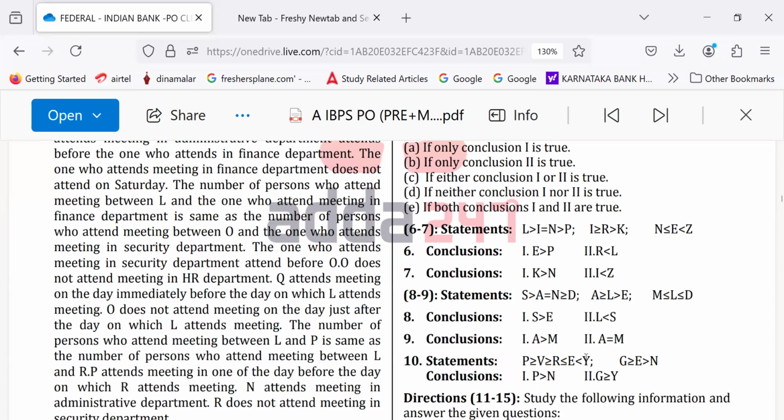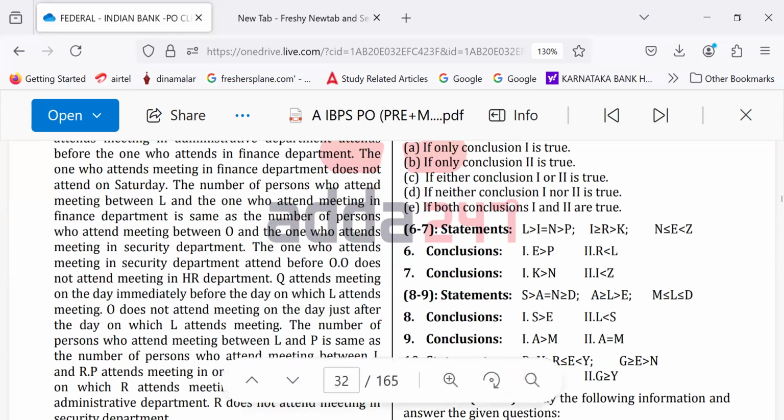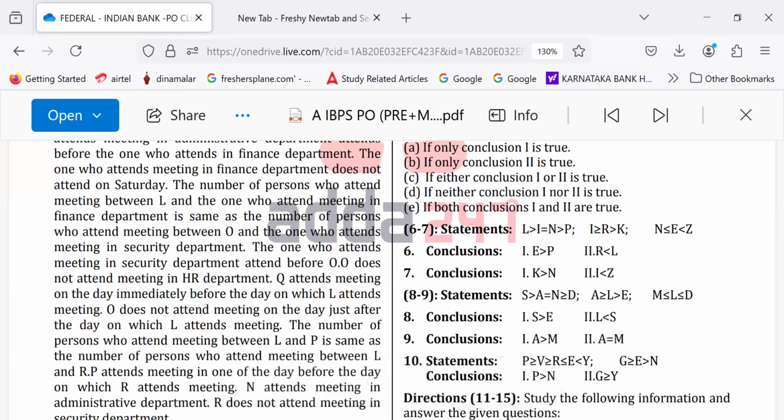What about statement number 2, A is equal to M? That also cannot be said, because only greater than or less than or equal to is given. Equal to is not given perfectly at all. So that is also false. So the answer should be D for Delhi. But I think in the book it is given wrongly as C. It should be D for Delhi.